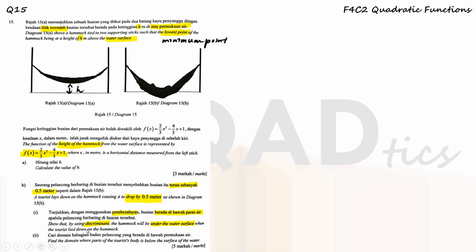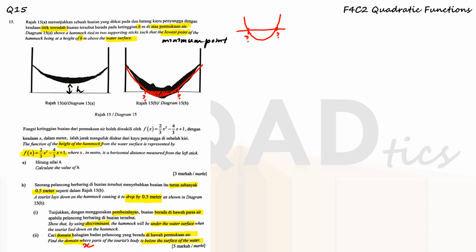And for part 2, we need to find the domain. Okay, so domain is x, and we need to find which are the parts which are below the surface of the water. So if we look back to diagram 15b, we need to find the value of x that is below the water surface. So meaning we need to find the value here and here. Okay, so if we draw this into this diagram, now we need to find the value of here and here.